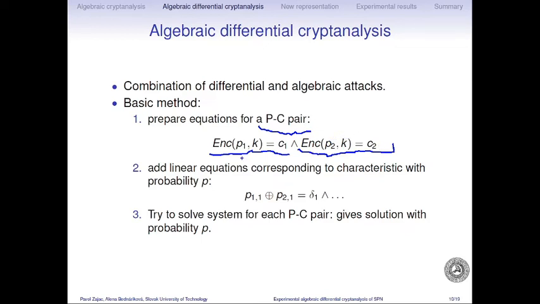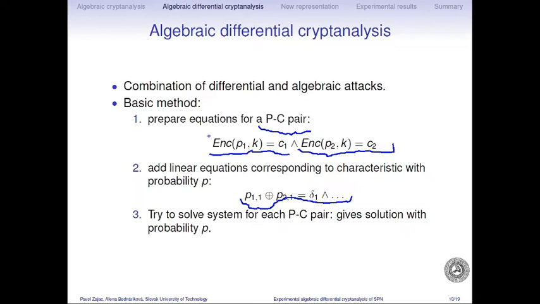And now this plaintext and ciphertext have some suspected difference with some probability p, and we can add some linear equations between these plaintext, ciphertext bits and some internal bits, depending on expected differences during the encryption.